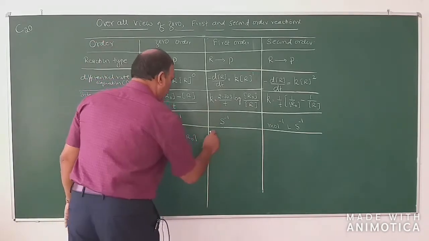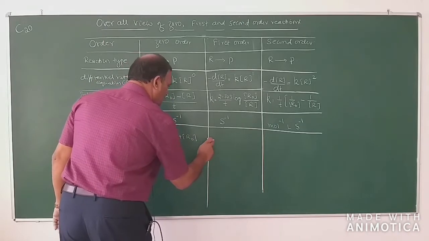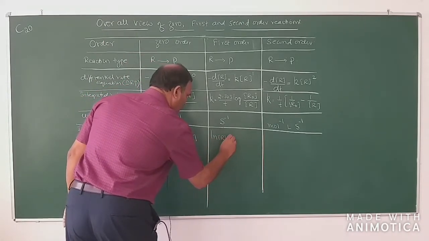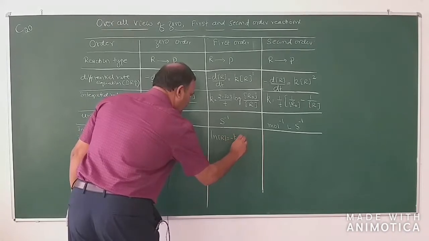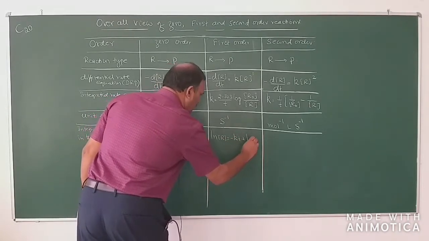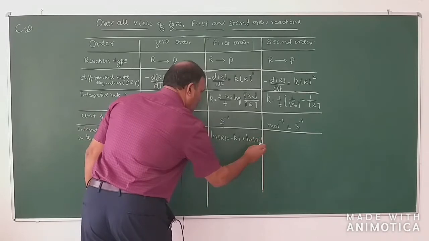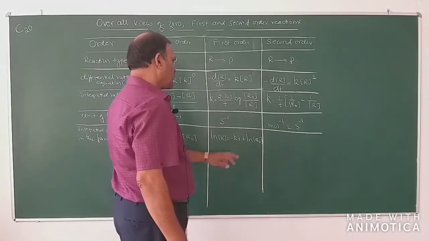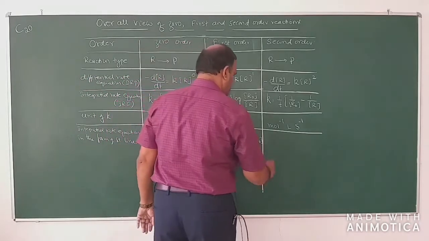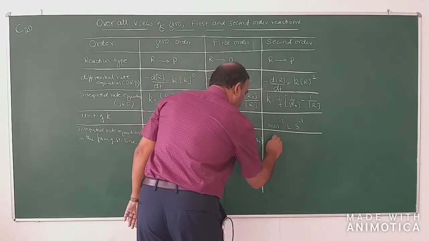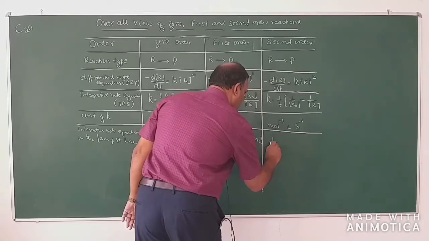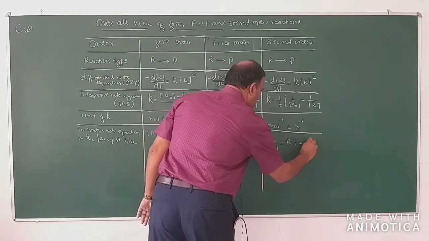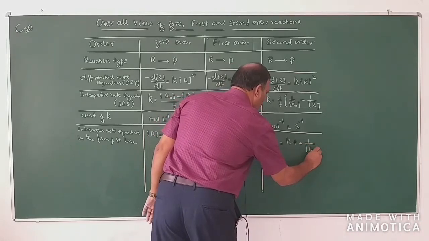Here the integrated rate equation in the form of straight line for first order is log R equals minus KT plus log R naught. And here, 1 over R equals kt plus 1 over R naught.